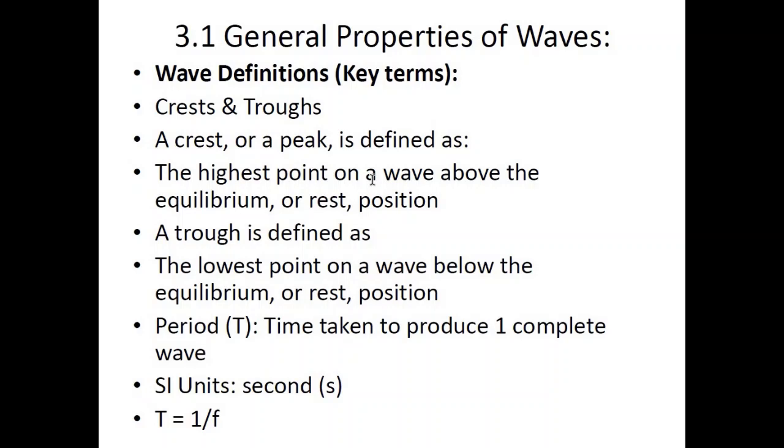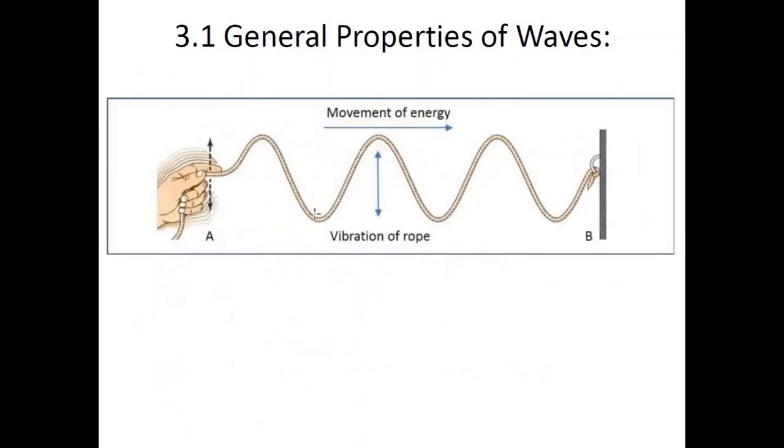The period is the time taken to produce one complete wave. One complete wave means from here till here, or from one crest to another crest, from one trough to another trough. Normally we make one wave like this.